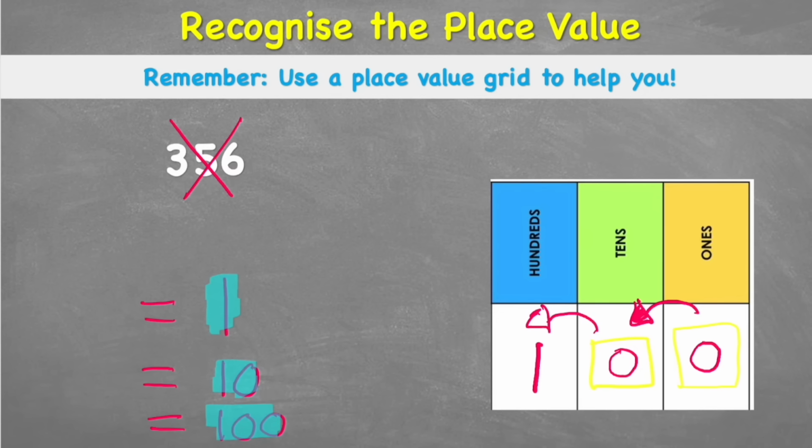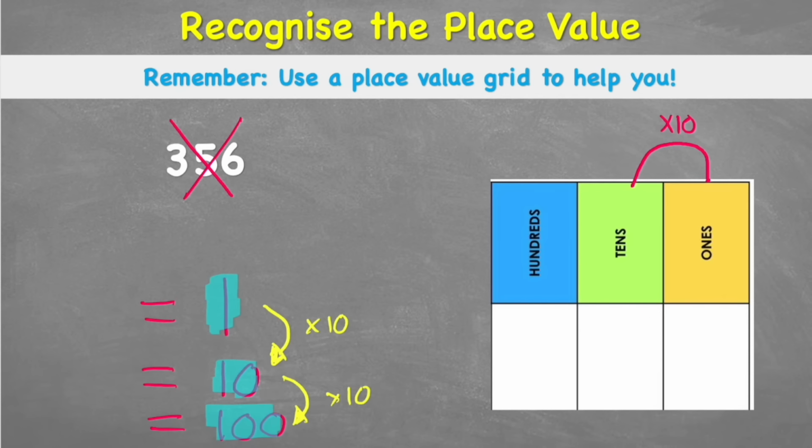And what we might notice is that getting from 1 to 10 means that I'm timesing by 10. And then to get from 10 to 100, I also times by 10. And that's because every column on my place value chart is 10 times bigger than the last column. So anything in my ones column, for example, if I put a 5, if I then move it into my tens column, it has 10 times that value.